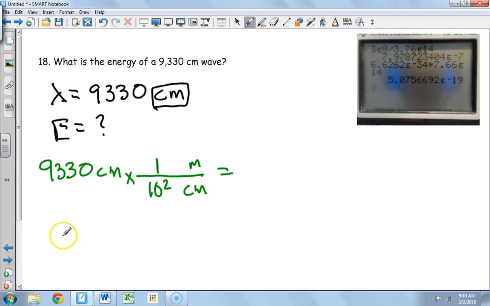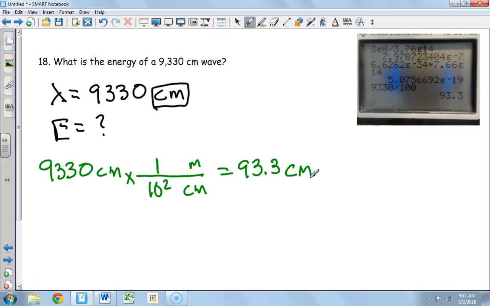Now we go 9330 divided by 10 to the second, which is 100, so I'm just going to do that because that one's a little easier. So this is 93.3. Your calculator writes it like that.